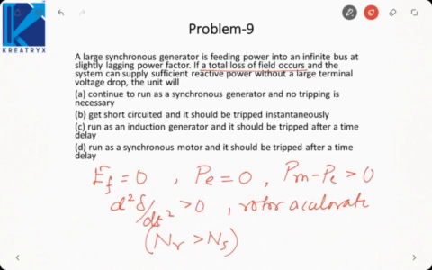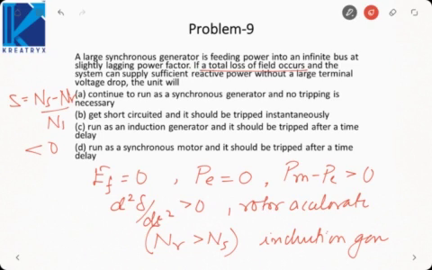If such a thing happens, then it runs as an induction generator, because in an induction generator slip is actually negative, because slip is Ns minus Nr by Ns, and this will be less than 0. But the problem with an induction generator is, since there is no field excitation, we have to generate the flux by drawing magnetizing current from the supply.